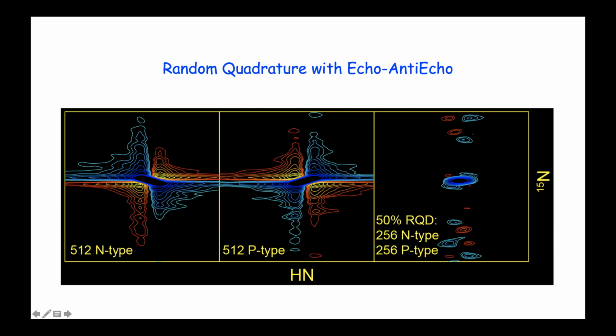When you don't have a complete sample, if you randomly pick 256 N-type and 256 P-type, you see that the purely absorptive peak is of course also distributed, but the majority of it is concentrated here. But the majority of the dispersive components are spread out as noise-like, okay?